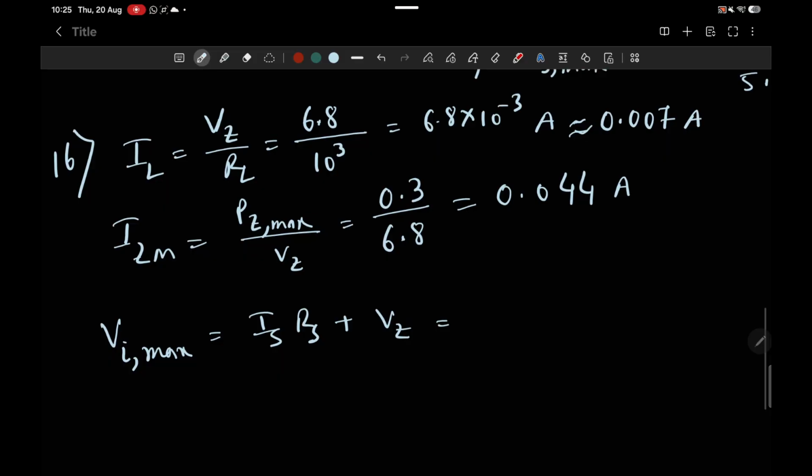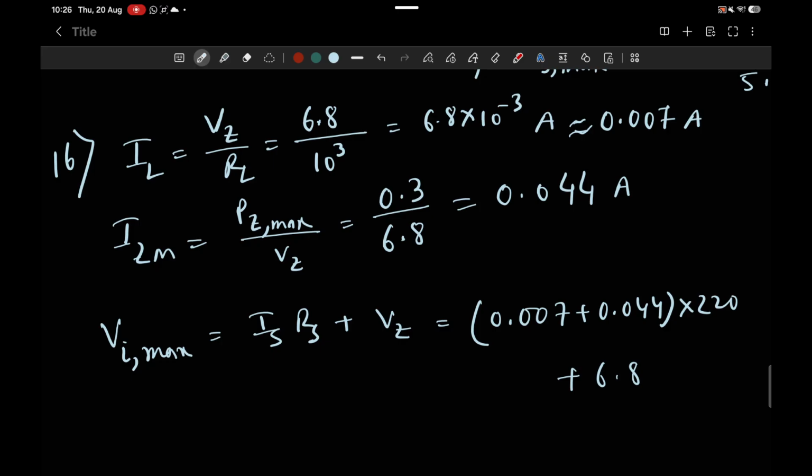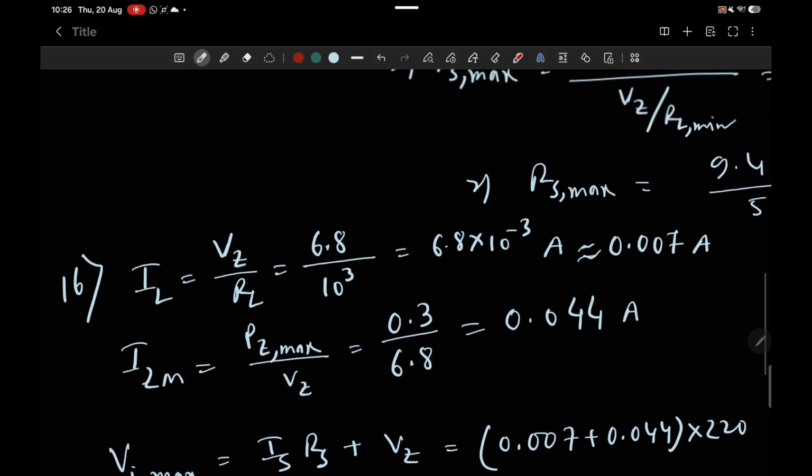So IS will be 0.007 plus 0.044 into 220 plus 6.8. So it is coming out to be 17.976, almost 18 volt, the maximum value of the input voltage.